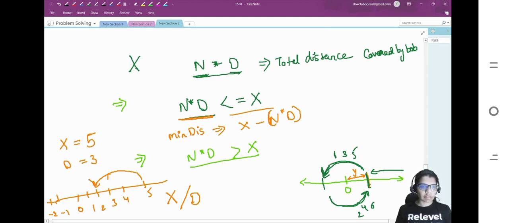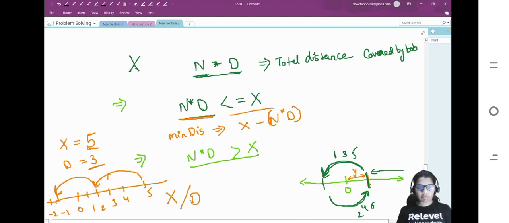If you take the next jump, then you will reach minus 1. So it doesn't matter how much you try, you would never be able to reach 0, because your distance x is not a multiple of 3.